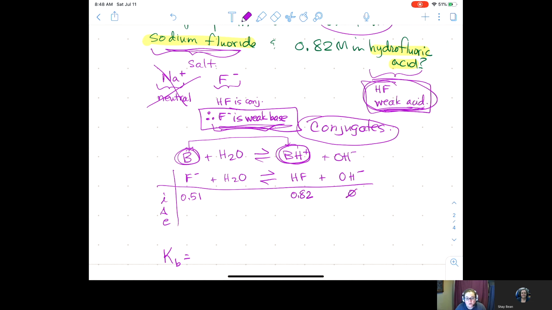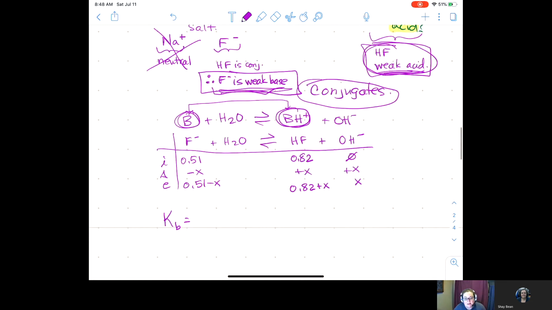And our hydroxide ion was starting off with 0. Again, minus x's and plus x's, it makes more sense: 0 plus x rather than 0 minus x. Technically, I could put the pluses and the minuses on either side, but it makes the math easiest if I do it that way. Okay.